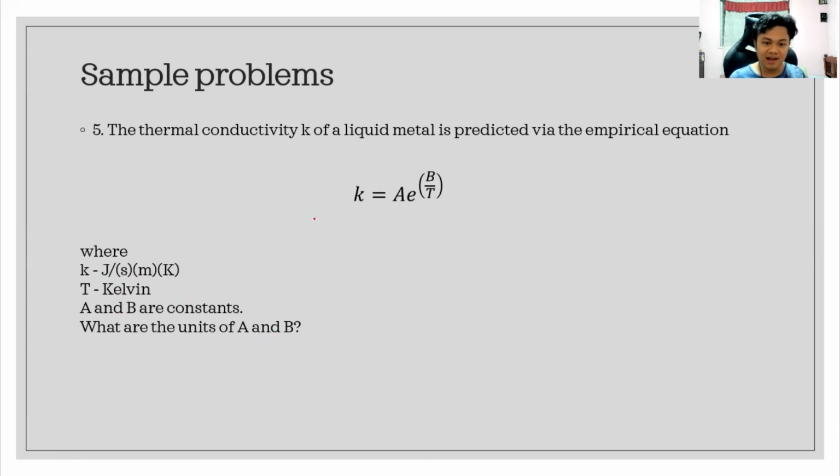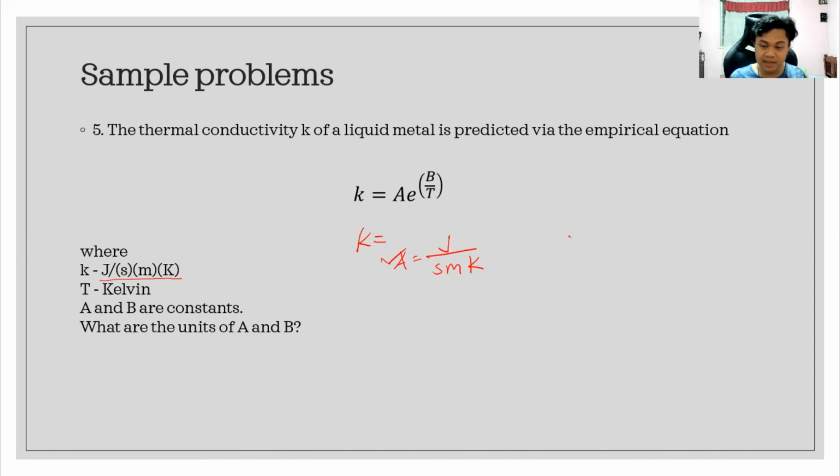So, upon closer inspection, you can see that K must have units of joules per second per meter per Kelvin. That also follows because this E has no dimension, right? So it is a dimensionless number. It follows that A must have the same units of K, right? So A must have the same units of K. So we got that one right.